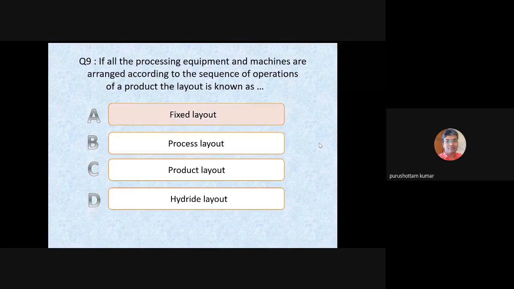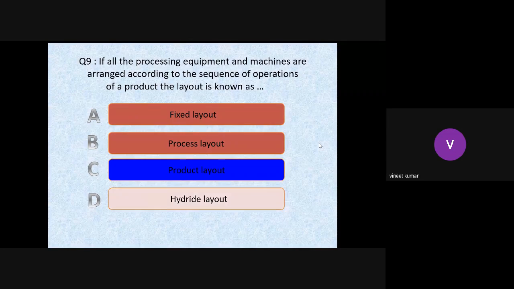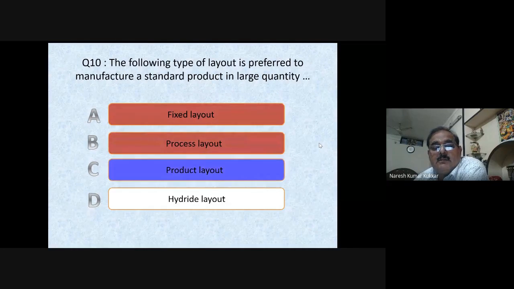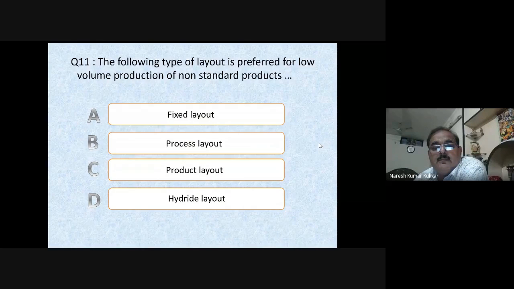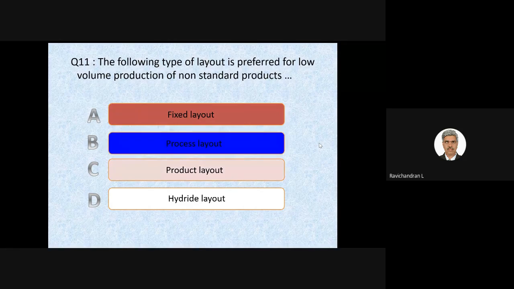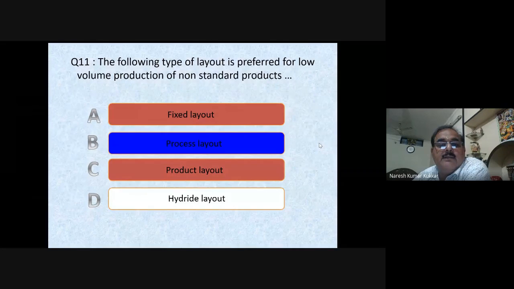Process layout. B. Process. A. Fixed. Again, product layout. Fixed layout. No, this went wrong, this is a fixed layout.